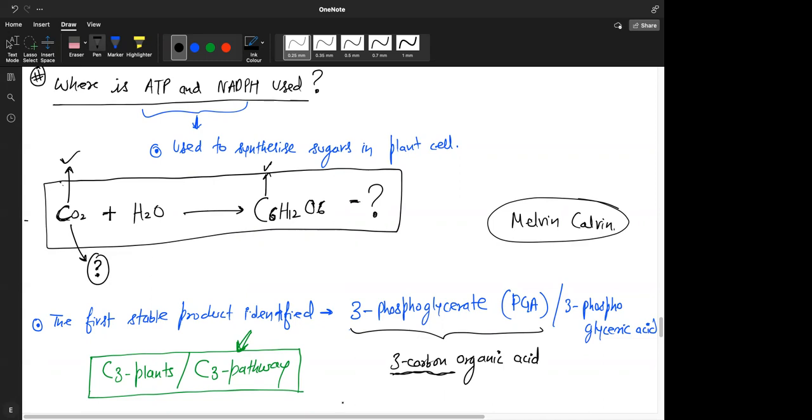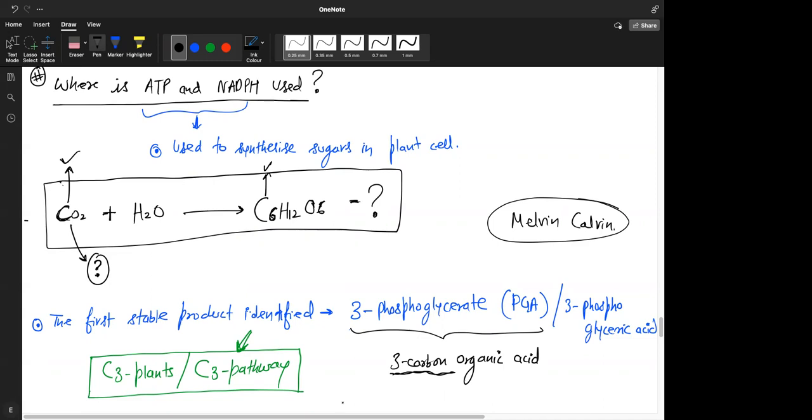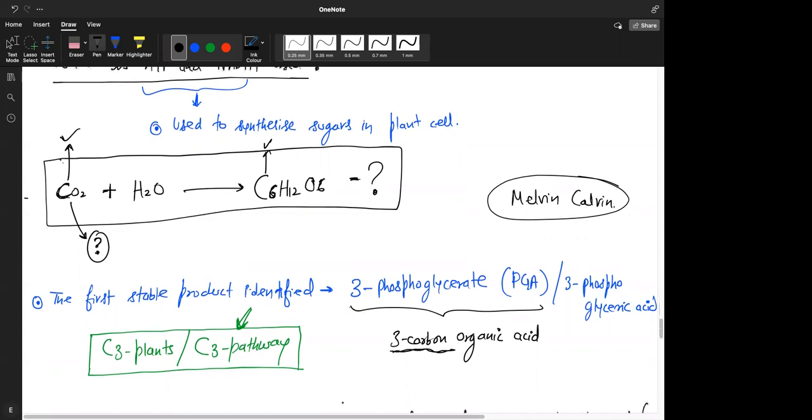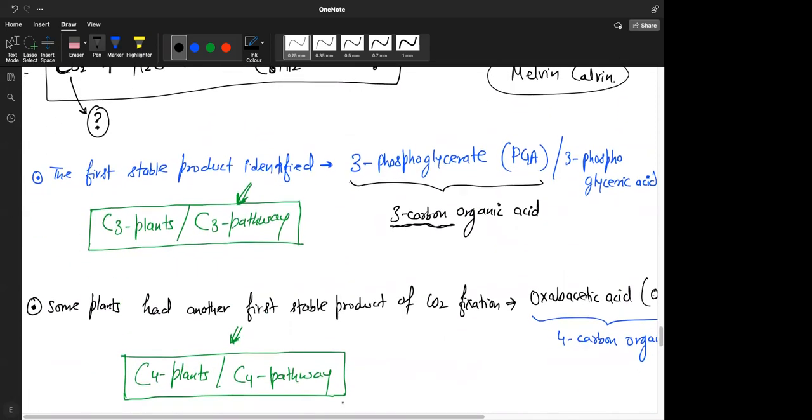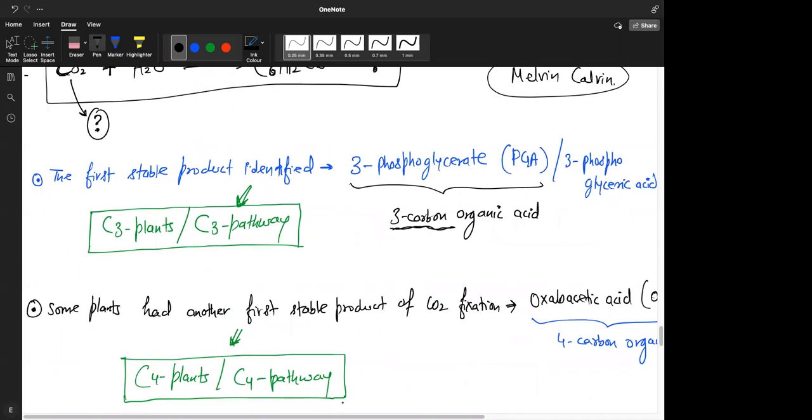What is the difference between the two? So the PGA is a 3-carbon organic acid, whereas oxaloacetate is 4-carbon. So the plants that follow the 3-carbon pathway are called C3 plants, and the other type are C4 plants. But the Calvin cycle takes place in both C3 and C4 pathways.